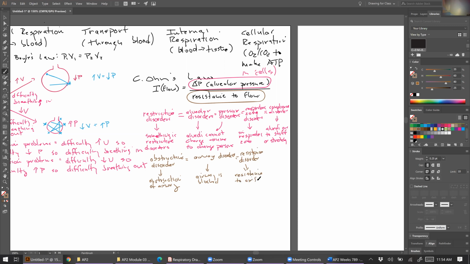But don't get that confused with a restrictive disorder, which means something's restricting the alveoli. And the last one here is a conducting zone disorder, because the problem's in the conducting zone.